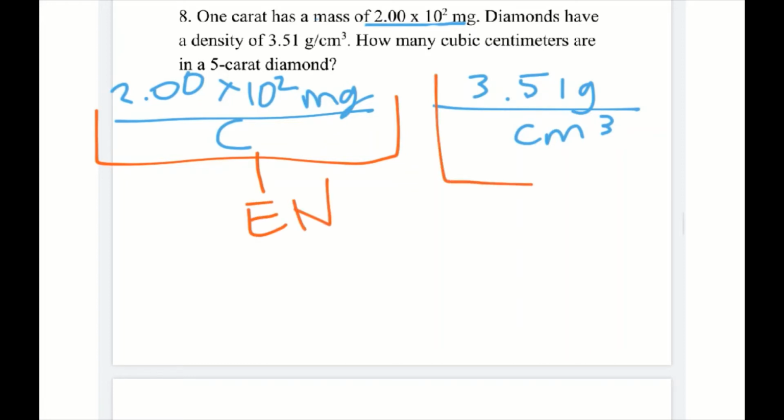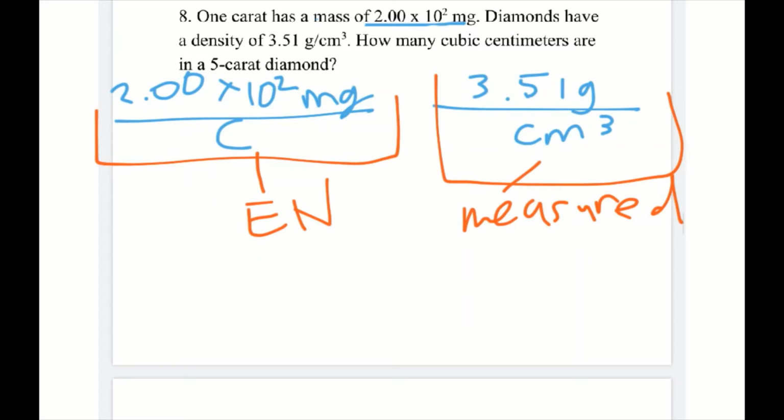Now, what about this? This is density, and density is something that is measured. So as a result, something that you measure is not infinitely precise. It is only as precise as the instrument you use.